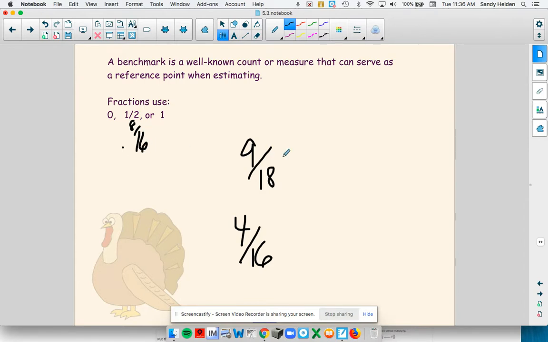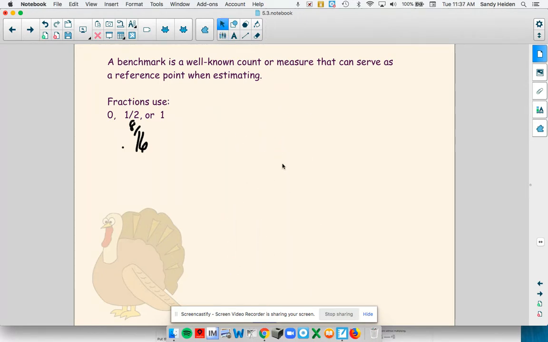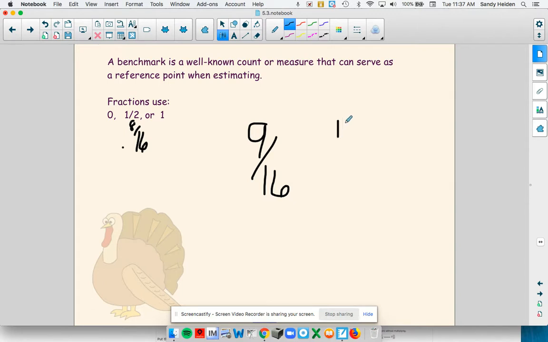So if I was comparing 9/16 and 12/18, first I decide where they compare over to these numbers.